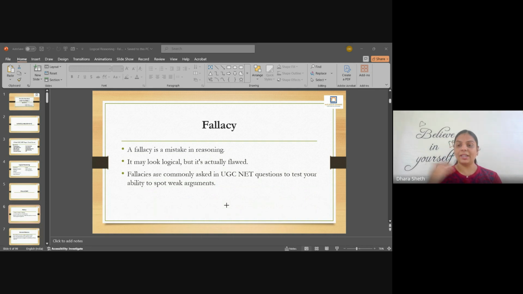When it comes to the Indian logic system also, we have fallacies. They are called Hetvabhasa, and the concept is very different from Aristotelian reasoning.